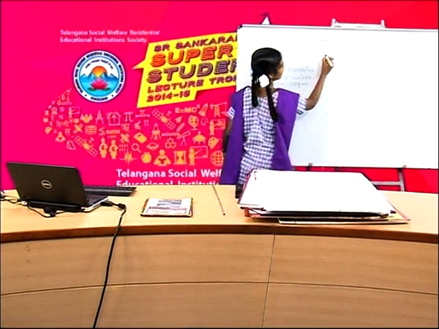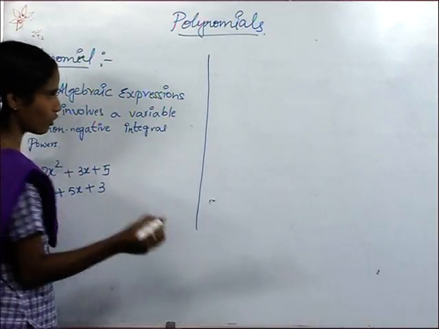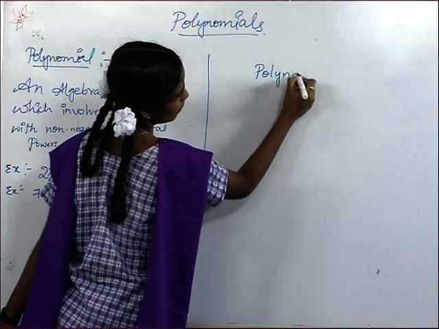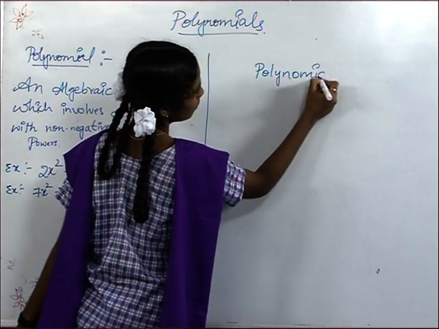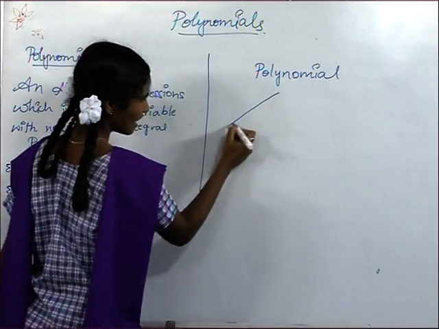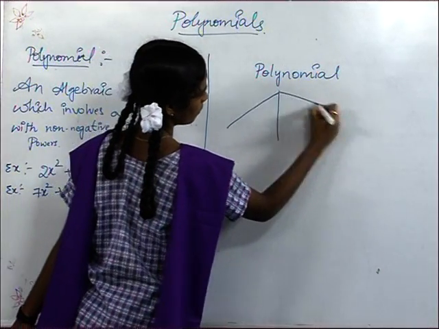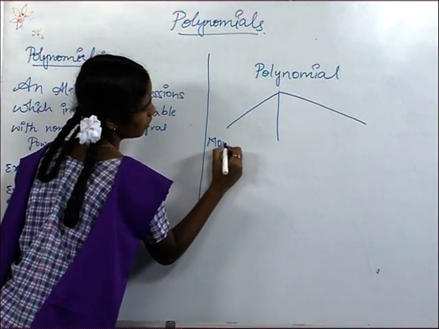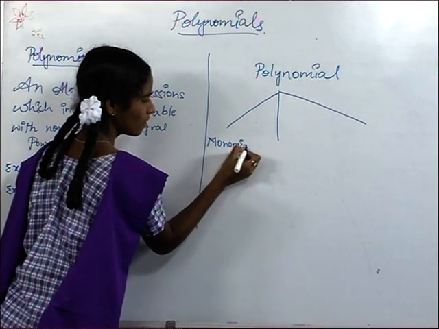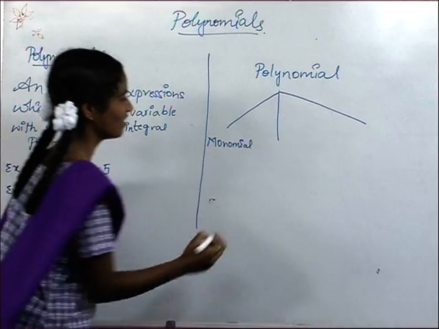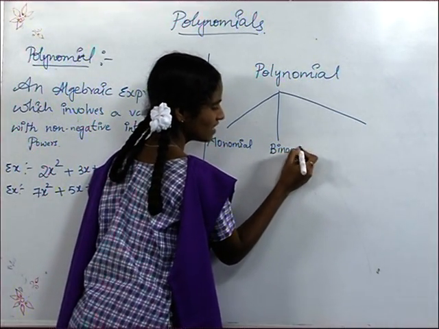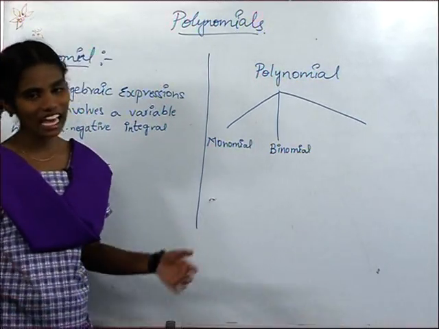Friends, in polynomial we have monomial, binomial and trinomial.